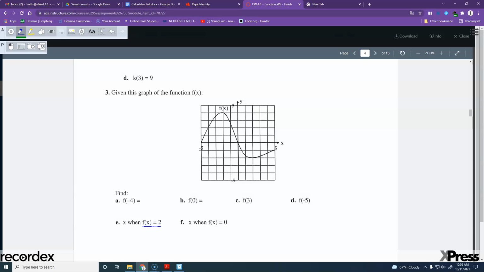If f of x equals 2, is that our x-coordinate or our y-coordinate? That's our y-coordinate. So this time we're doing this differently. We're looking on the y-axis right here where this is 2. We have more than one point that has a y-coordinate of 2, right? We've got this point right here, and then we also have this point right here.